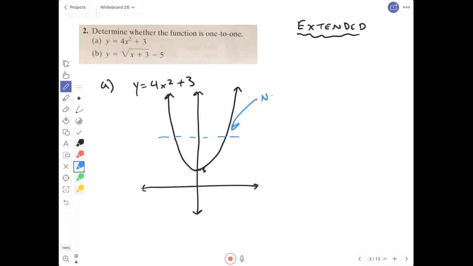So this is not one-to-one, because two inputs, here and here, give the same output. So, no.